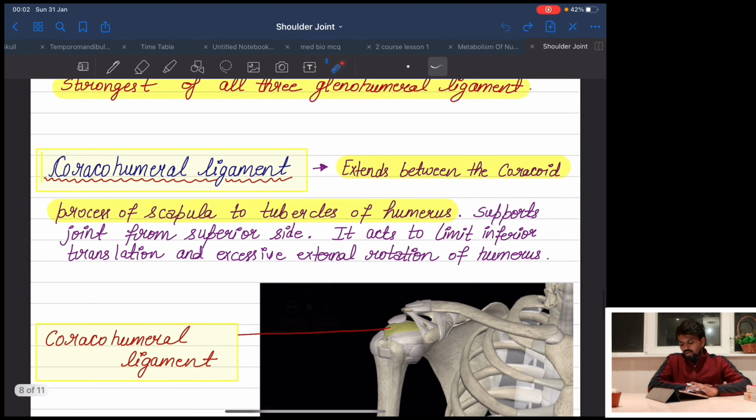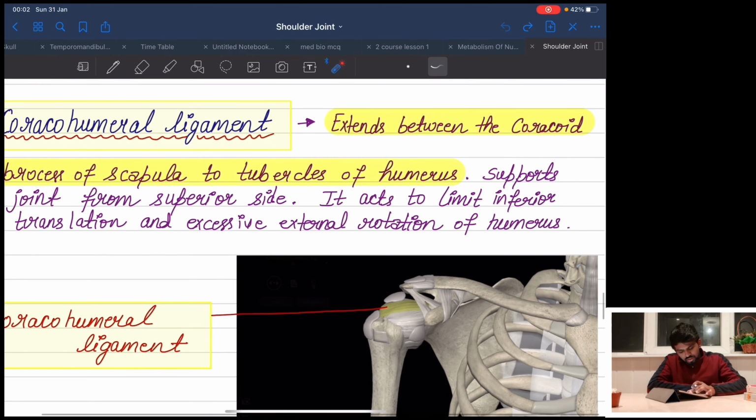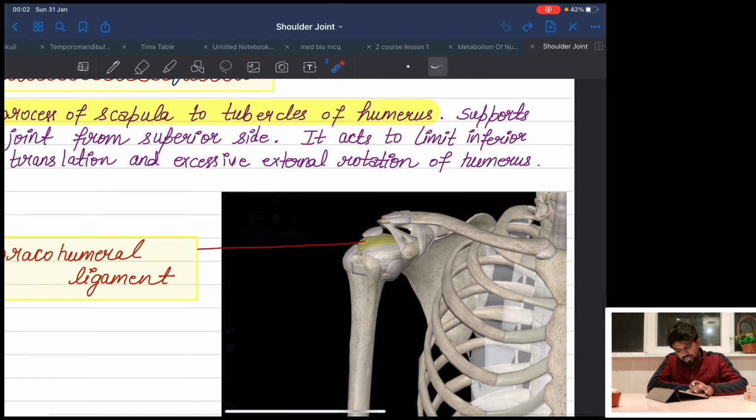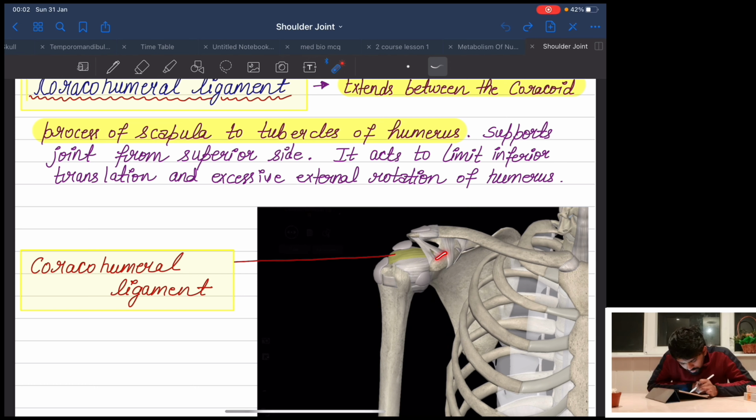The last ligament of the shoulder joint and the most important is the coracohumeral ligament. This ligament extends from the coracoid process of the scapula to the tubercles of the humerus. In the picture you can see that it extends from the coracoid process of the scapula. Here, this is the coracoid process.